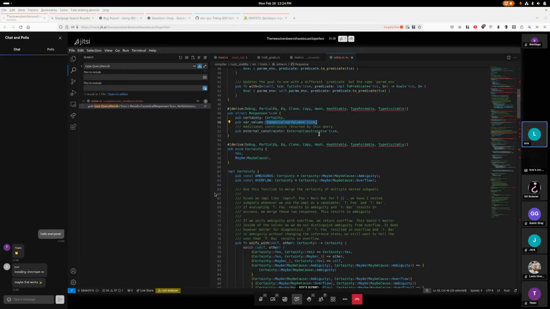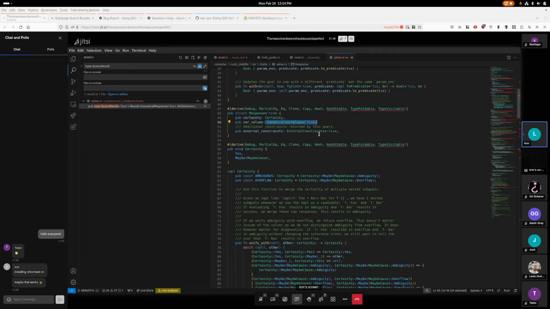In the old solver it happens implicitly, because it computes the goal in the same inference context. It just constrains inference variables, and then that gets propagated out.